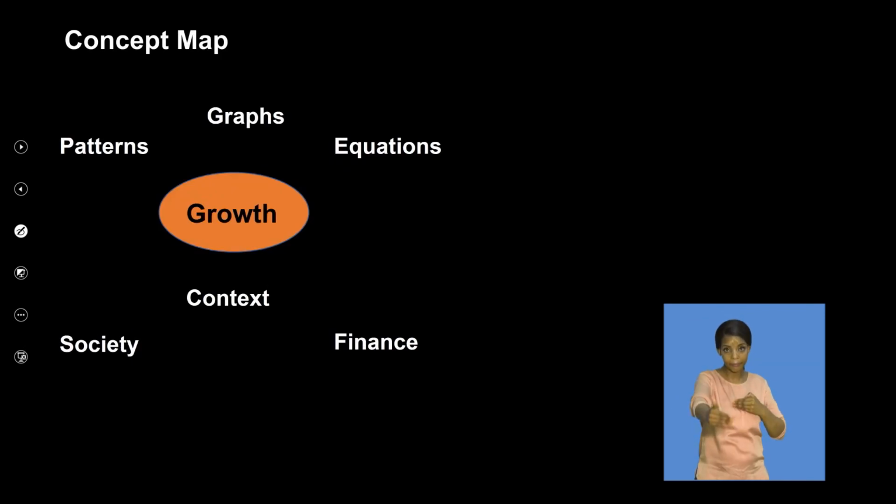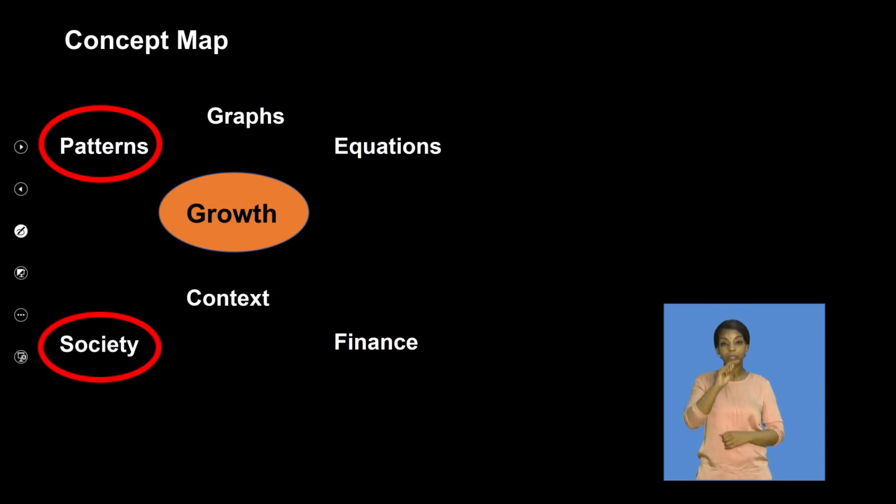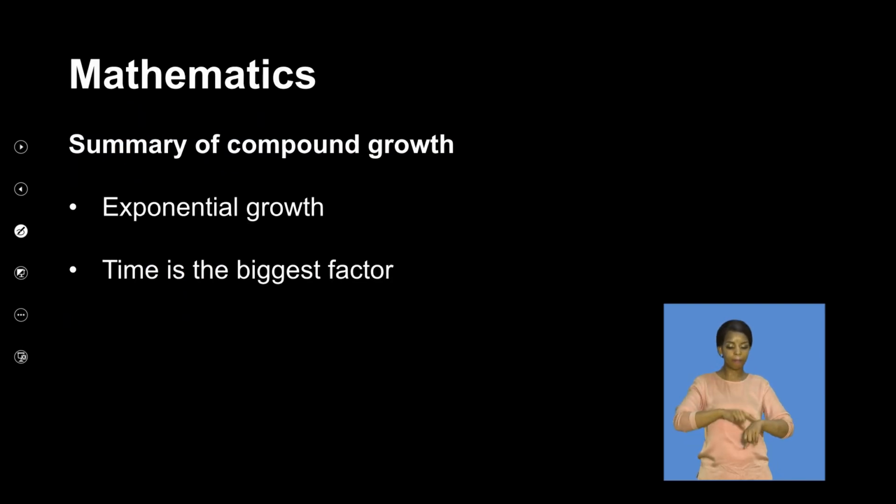Now, just to recap on what we just spoke about, our big idea was growth. We spoke about patterns, and then under society we spoke about that walking exercise that we looked at, and then under the finance context we also looked at compounding periods, we looked at the interest.